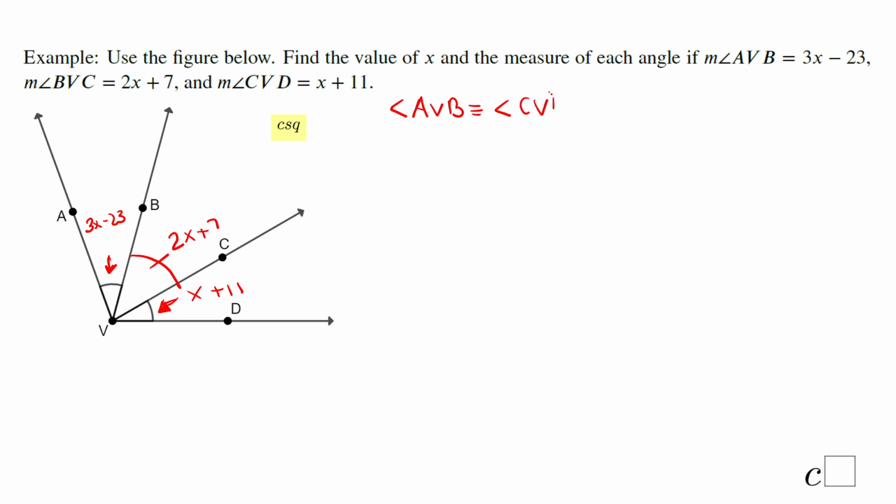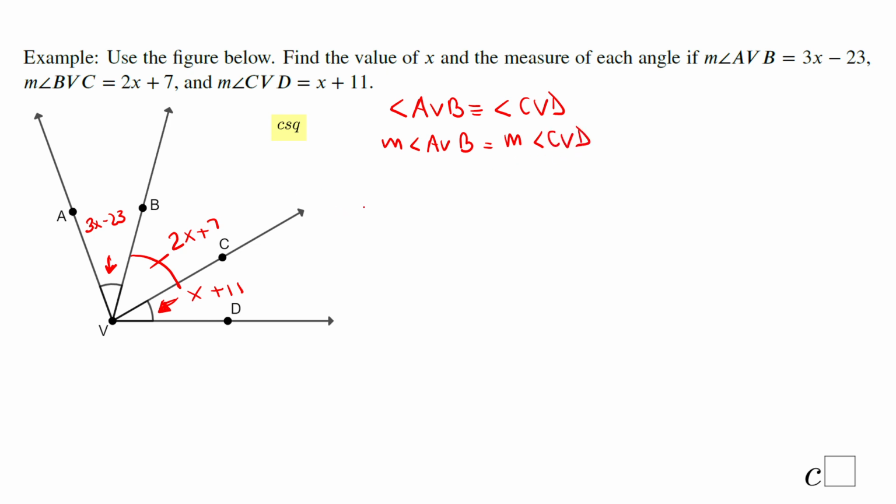So you notice we can get information from the picture. Of course, you can write this statement if you really want to be a geometry student, which says the measure of angle AVB is equal to the measure of angle CVD.